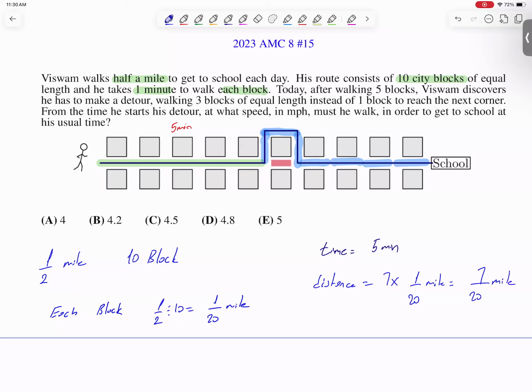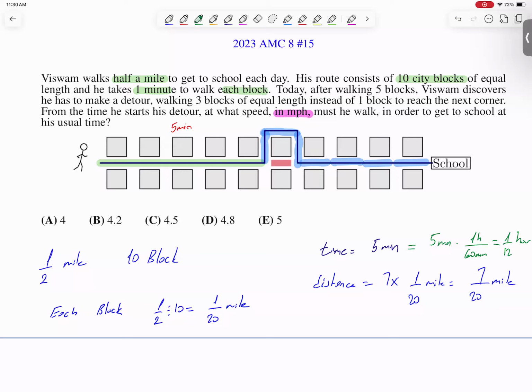We are looking for the speed in miles per hour, so we have to make the time in hours. 5 minutes is equal to, 1 hour is 60 minutes, which is 5/60, 1/12 hours.